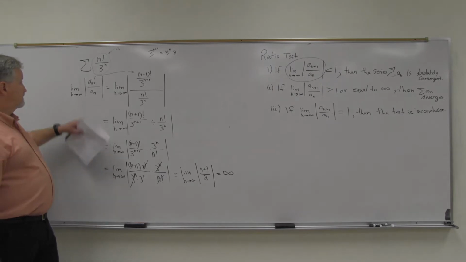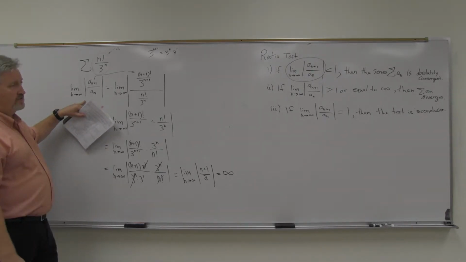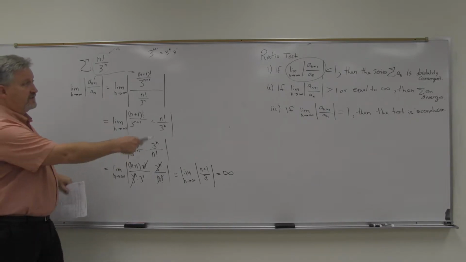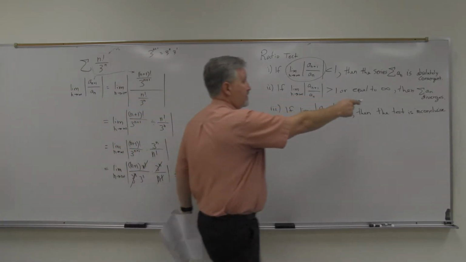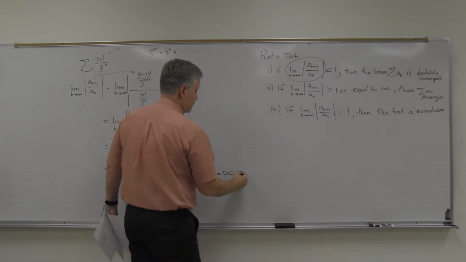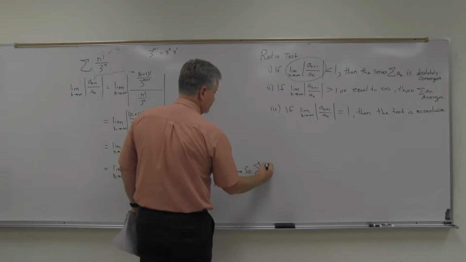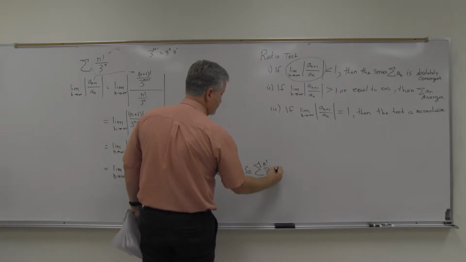This limit of the ratio of the n plus 1 term over the n term is infinity, and so that tells me overall that my original series, n factorial over 3 to the n, diverges.